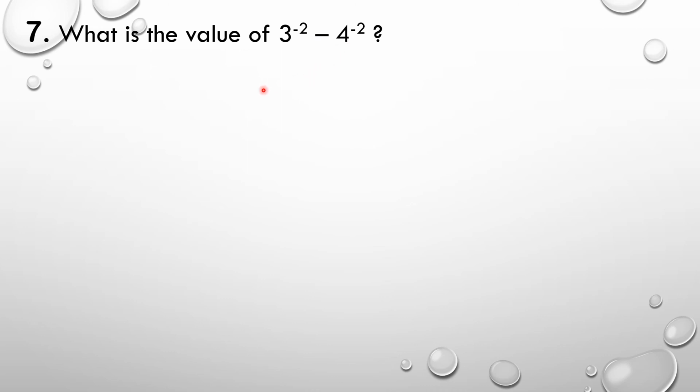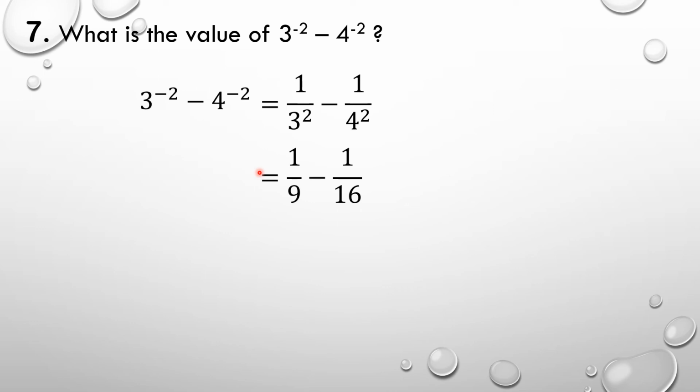Number 7, what is the value of 3 raised to negative 2 minus 4 raised to negative 2? So by rule of negative exponent, we have 3 raised to negative 2 is 1 over 3 squared, and 4 raised to negative 2 is 1 over 4 squared. Hence, we have 1 over 9 minus 1 over 16. Subtracting fractions with different denominators, let us get the LCD, that is 144.